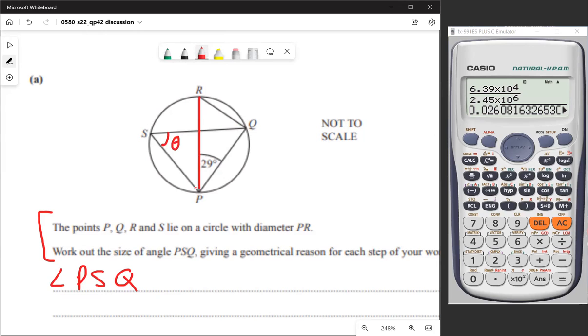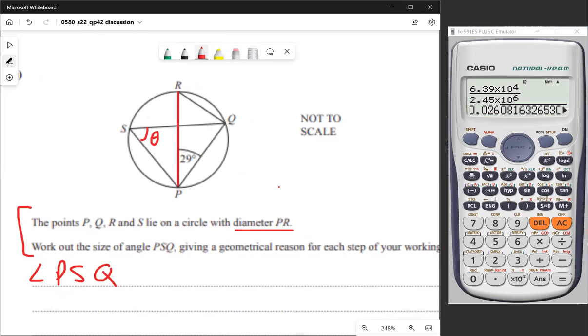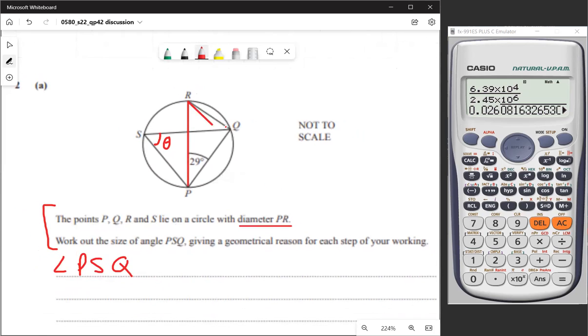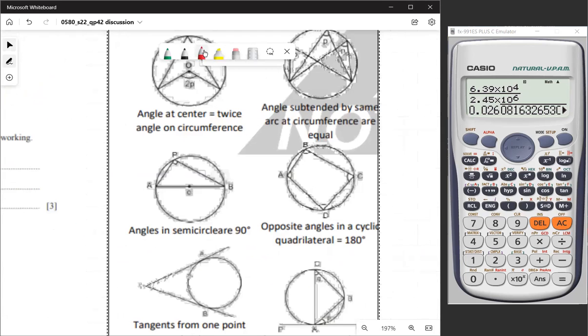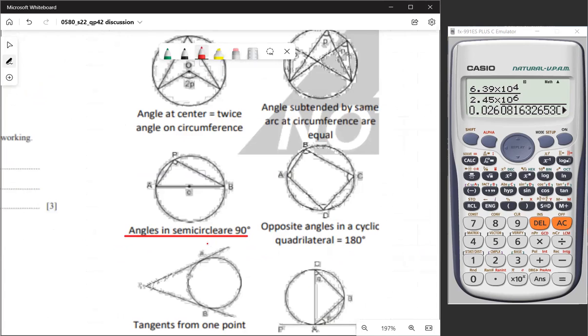The first thing: look, this is the diameter, yes? PR is the diameter, and with the diameter you have this triangle. So what rule is this? I'll show it to you. Read the third rule. Third: angles in a semicircle are 90 degrees.